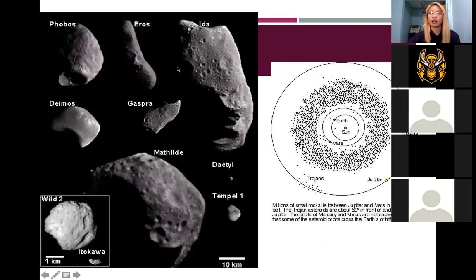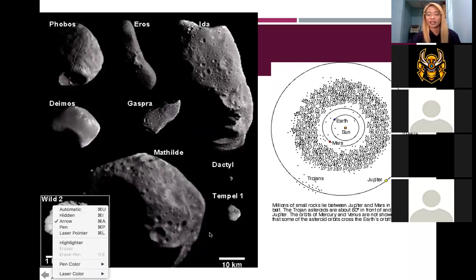Okay? So these are some of the asteroids. So if you can see here in this picture, there is a huge accumulation of asteroids in between the planets Jupiter and Mars. So yung inner circles and the outer circles of our solar system is actually divided, hinahati siya ng napakaraming asteroids here.